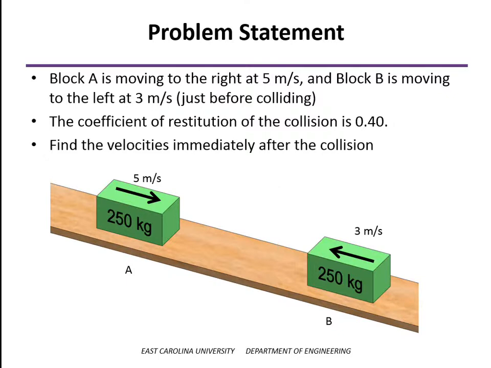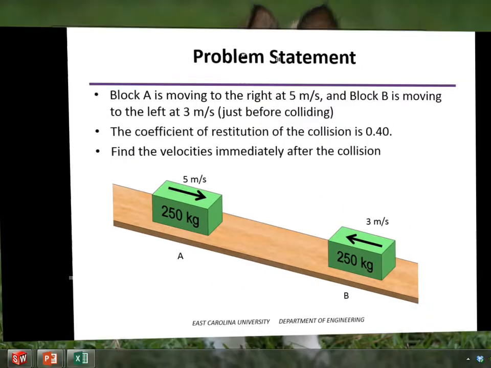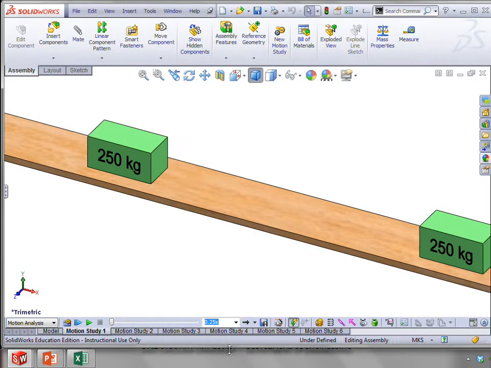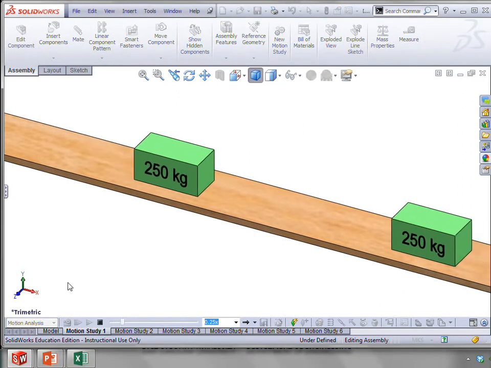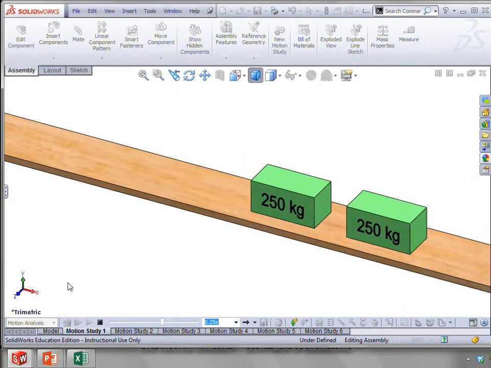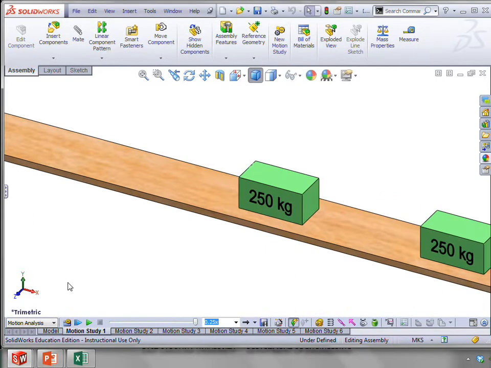So before we do the calculations, let's look at a simulation here. After the impact, you can see that block A is almost motionless.